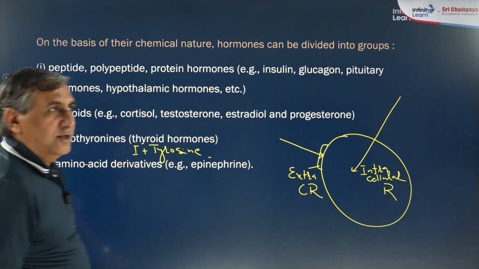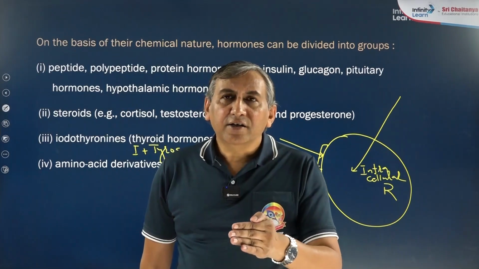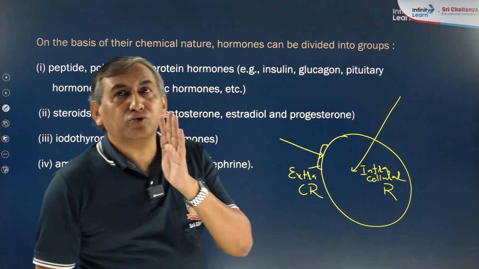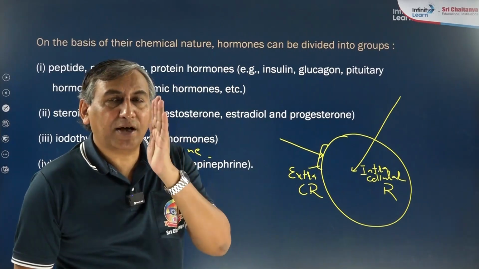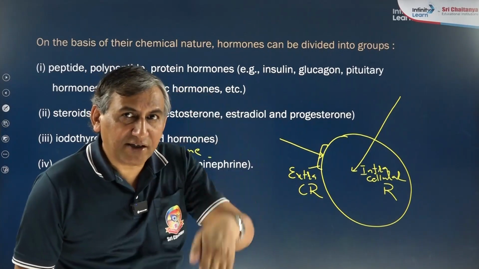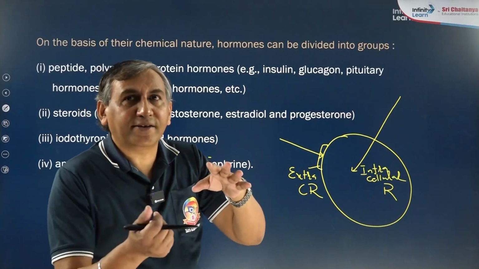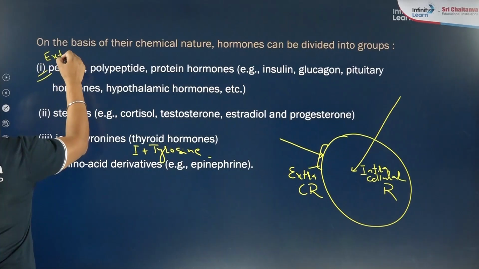So now again I will come here. There are 4 groups of hormone given in NCERT. How many work through the fixed receptor, membrane bound receptor or extracellular receptor, and how many work through the intracellular receptor, mobile receptor? So see, this is one, that is extracellular receptor.